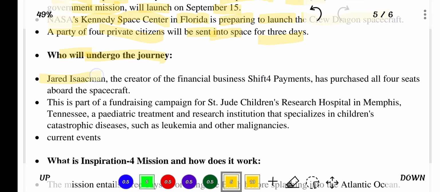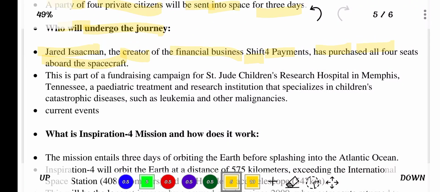Jared Isaacman, the creator of the financial business Shift4 Payments, has purchased all 4 seats aboard the spacecraft. This is part of a fundraising campaign for St. Jude Children's Research Hospital in Memphis, Tennessee, a pediatric treatment and research institution that specializes in children's catastrophic diseases such as leukemia and malignancies.